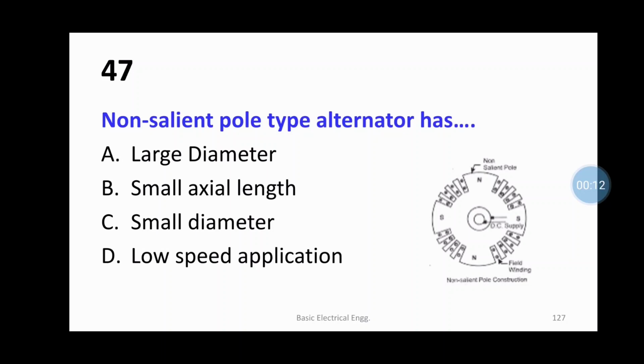Also the gap between stator and rotor is uniform, unlike the salient pole type alternator. So we can say that the non-salient pole type alternator has the small diameter, as it will be mainly used for high speed application. That point you have to remember.